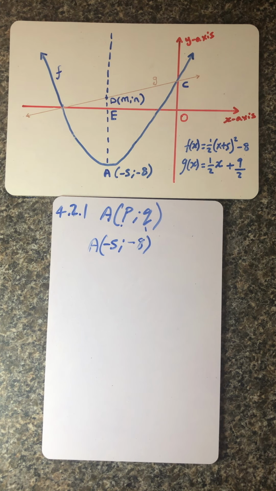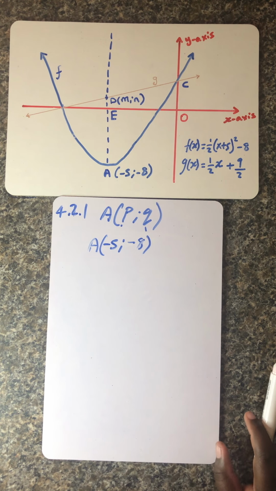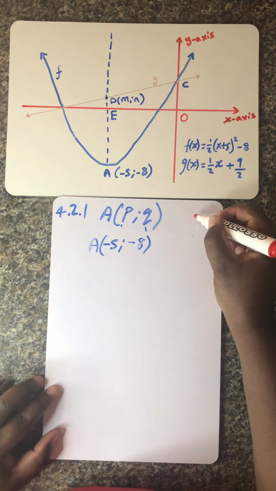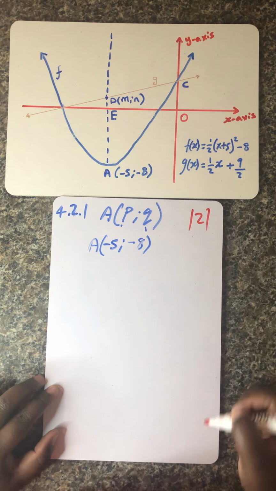So where do you score some marks? How many marks is this question allocated? This question is allocated 2 marks.